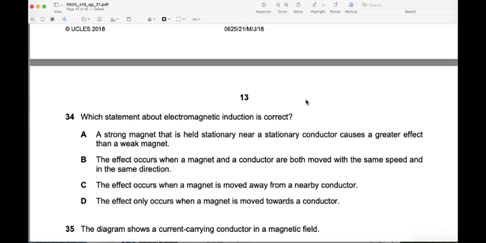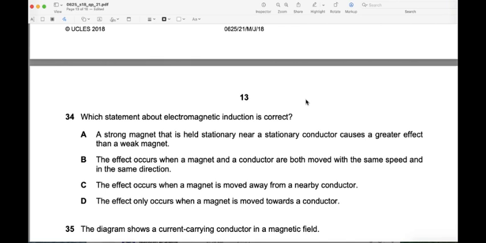Now, which statement about electromagnetic induction is correct? A: a strong magnet that is held stationary near a stationary conductor causes a greater effect than a weaker magnet.